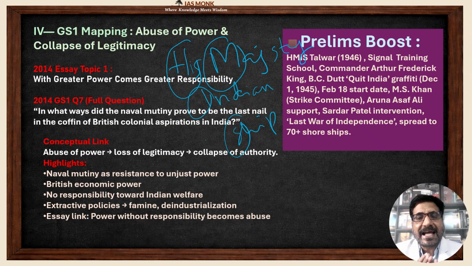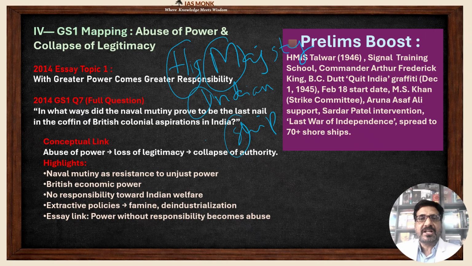The revolt began on this HMIS Talwar in Bombay, where these sailors or trainees and soldiers had long suffered racial discrimination, poor food, and wartime neglect under the command of Arthur Frederick King. He was the commander of this HMIS Talwar. There were so many British officers exploiting these soldiers. Particularly, HMIS Talwar's commander was Arthur Frederick King. His name itself is King.